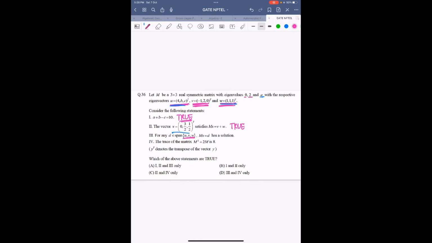It cannot be, because if the map is surjective, then it must be injective also, so it must be an isomorphism. But M cannot be an isomorphism because 0 is one of the eigenvalues. It sends a non-zero vector to the zero vector: Mu is equal to 0 times u, equal to 0. So it is not injective.